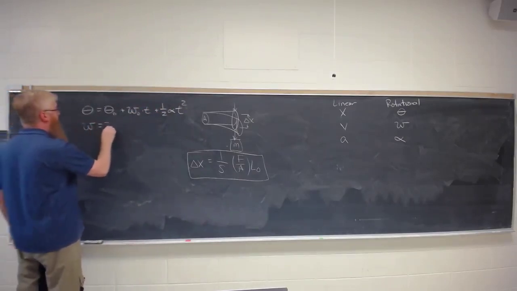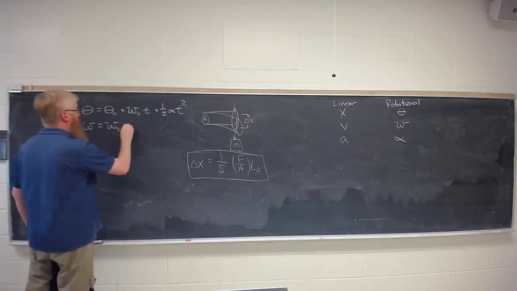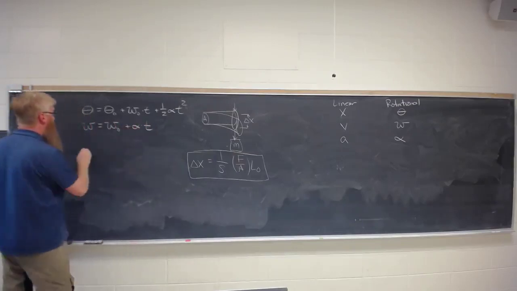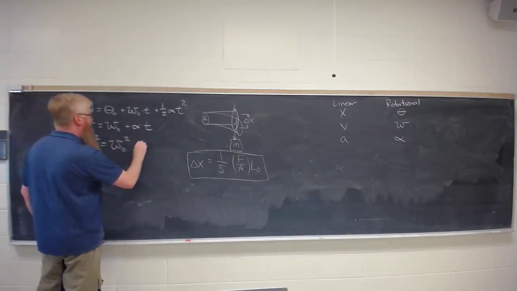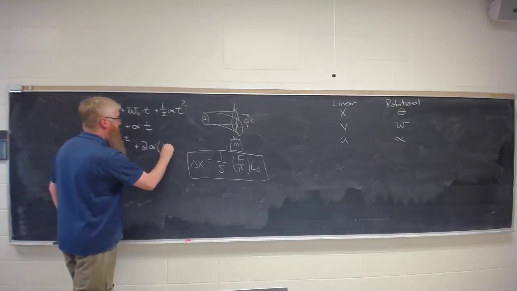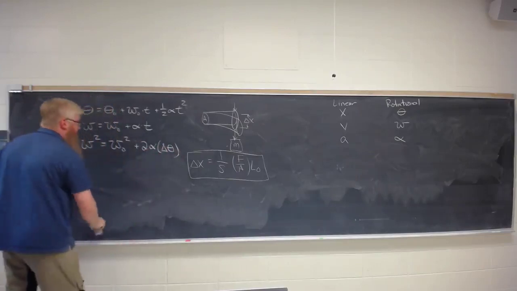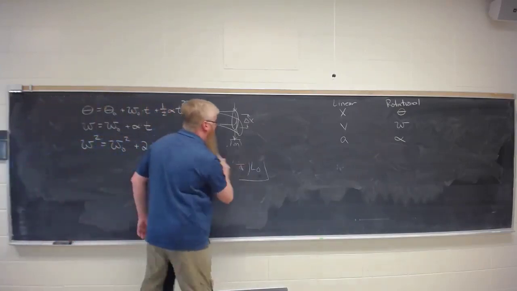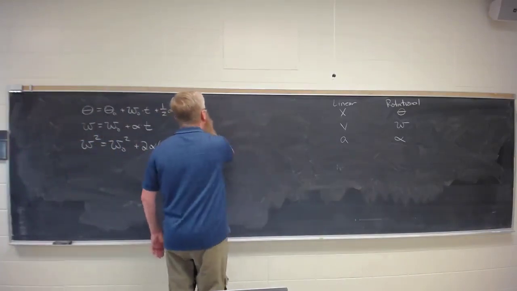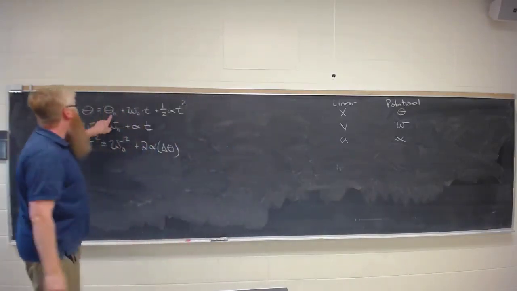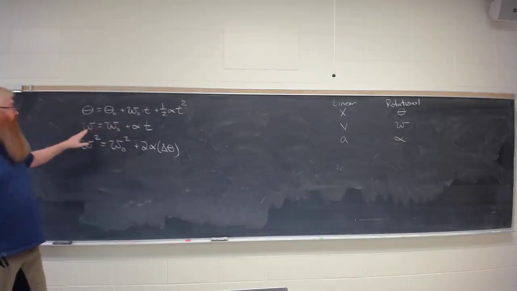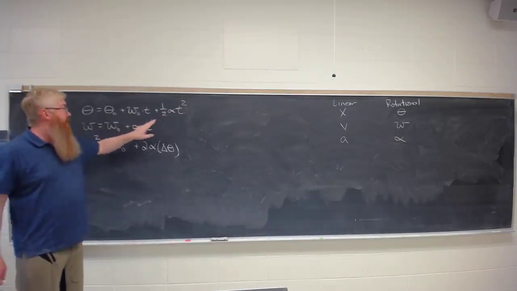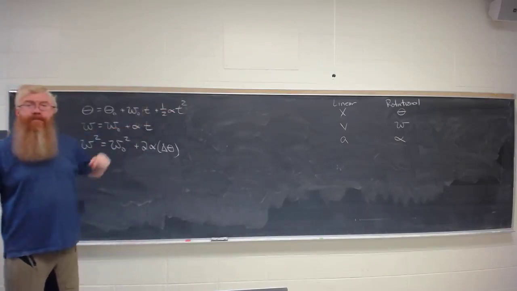Omega is equal to omega naught plus alpha times t, or omega squared is equal to omega naught squared plus 2 alpha times delta theta. So the same relationships apply, except that now we're dealing with rotational motion, where theta naught is the original angular position versus the final angular position, omega naught and omega are the initial and final angular velocity, and alpha is the angular acceleration. And time is still time.